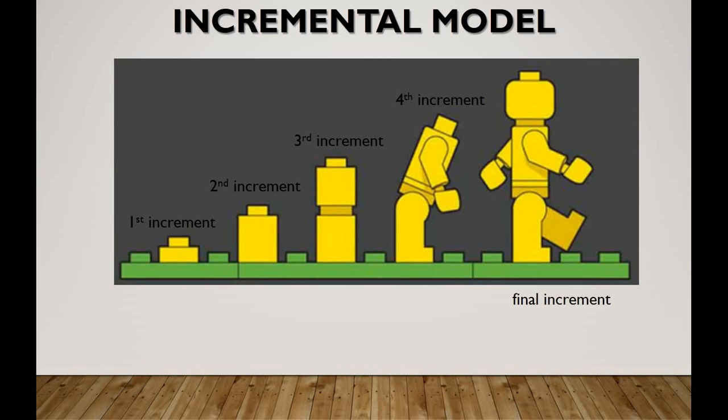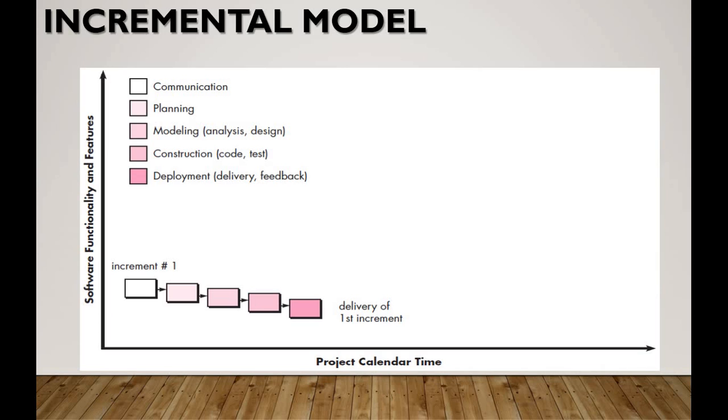In another increment we will give more functionality. In the third increment we will give more functionality, and up to the final increment we will give all the functionalities that the user needs. Okay, so let's understand that by a graph.